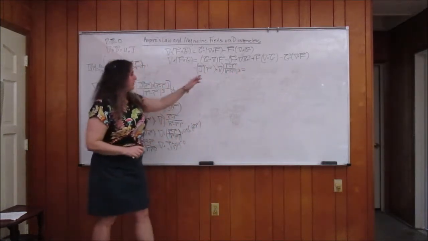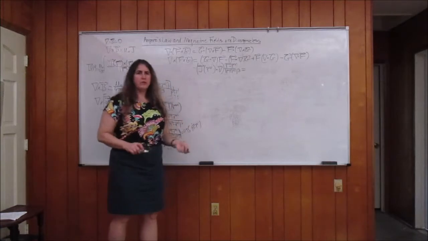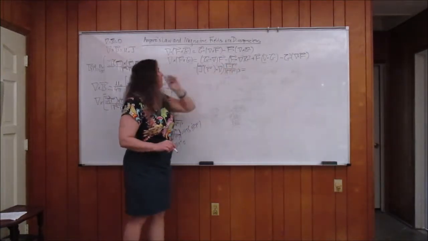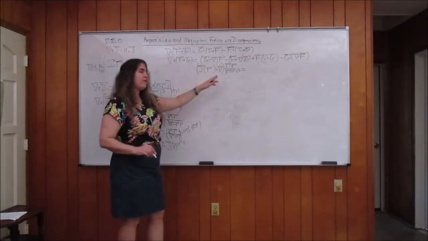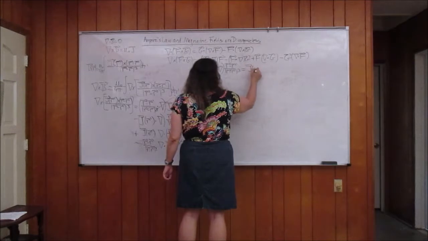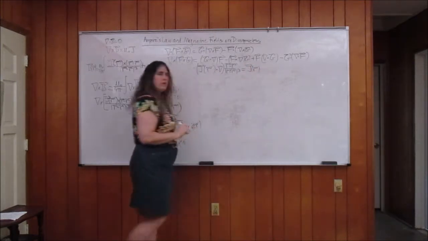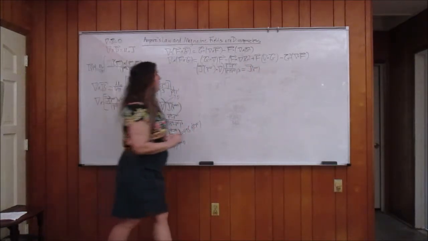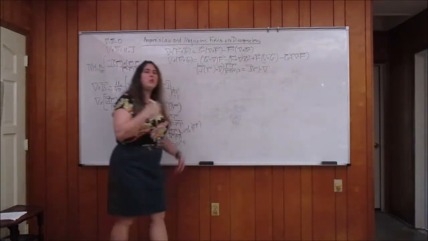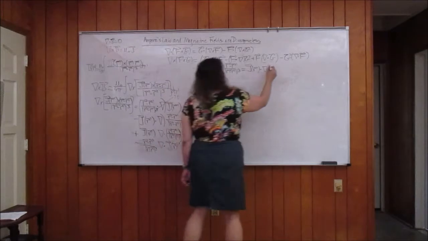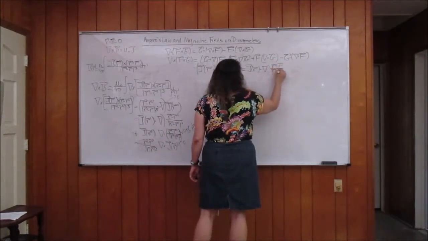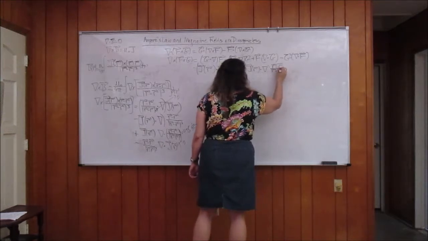Now I can change out this operator for one that operates on primed coordinates, because this is just operating on r minus r prime over r minus r prime cubed. And it turns out if I change this to primed, this will give me positive J as a function of the primed coordinates dotted into del with respect to primed coordinates of r minus r prime over r minus r prime cubed.